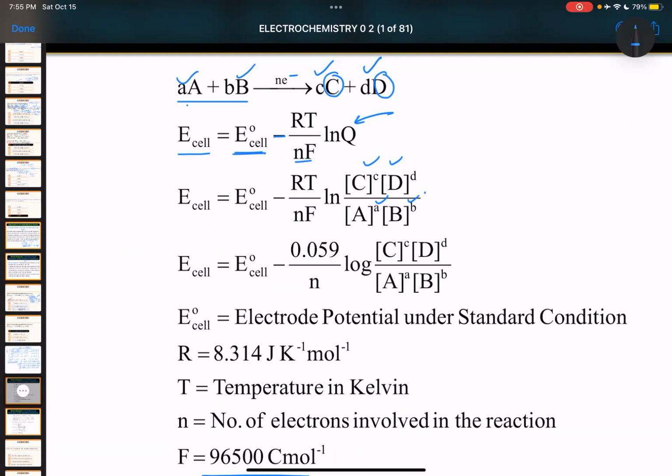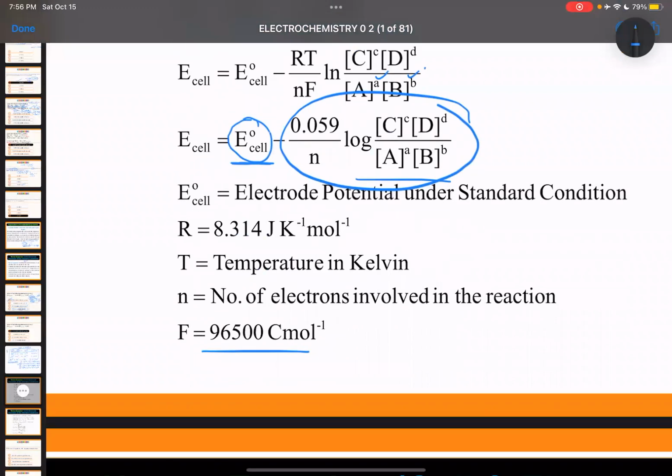Whatever the concentrations are, if they are all 1 molar, log 1 is 0. So if every concentration is 1 molar, you are going to get the value as E naught, because this whole term is going to become 0. This is the Nernst equation.